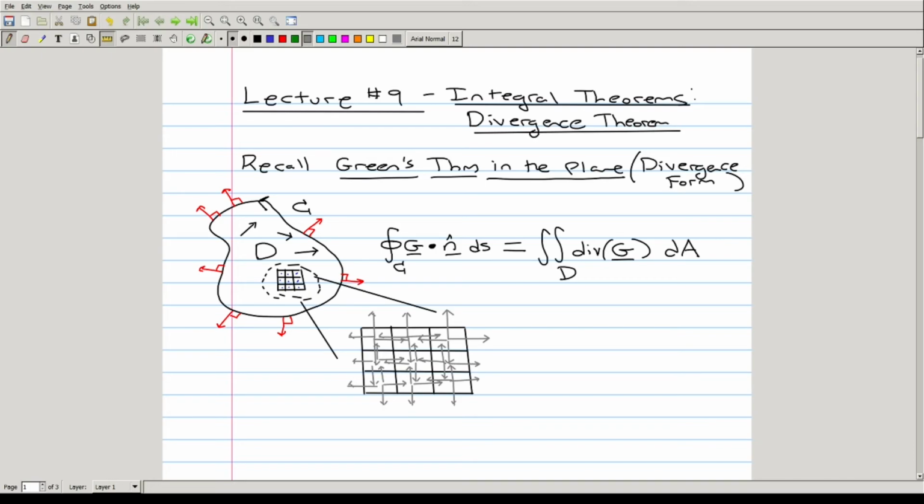So, for instance, the amount of divergence moving in this direction essentially cancels with the divergence moving outside of this cell, as long as the vector field G satisfies all of the smoothness restrictions that we talked about when we developed Green's theorem.